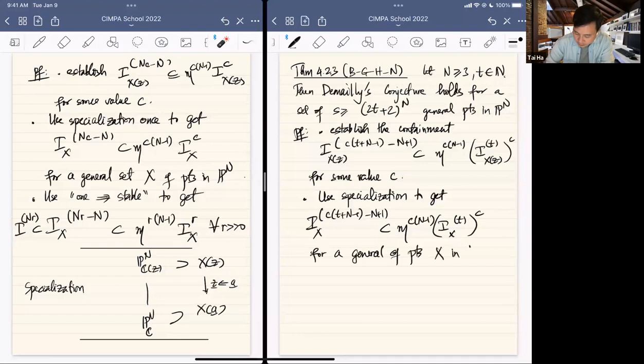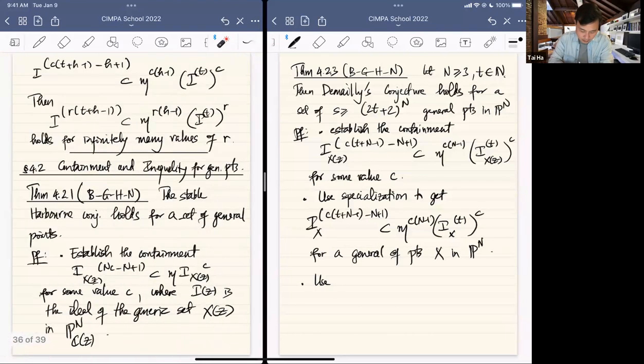And now we have to use the second theorem. Now we use not the one containment implies stable containment, but this one.